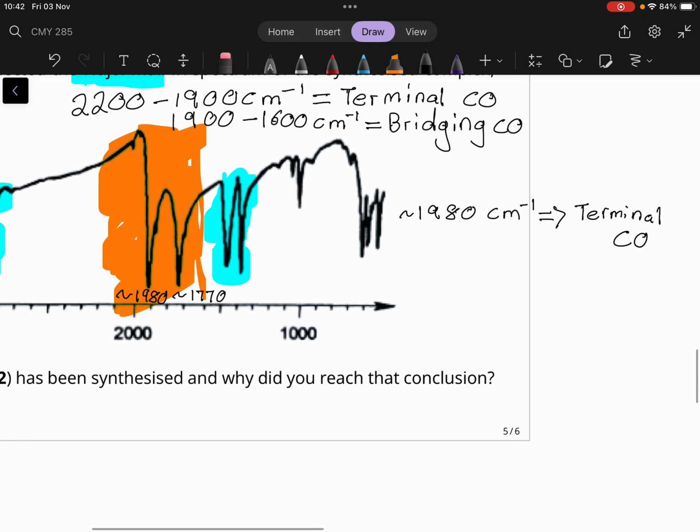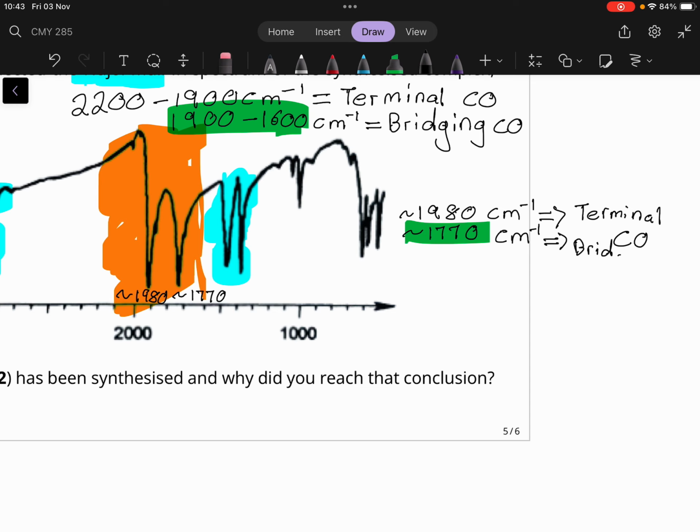But the other stretch, the one at 1770, lies in the bridging range. It corresponds very strongly to something in that range, very distinguishable between these two peak vibrations. So we can allocate this to a bridging CO stretch.